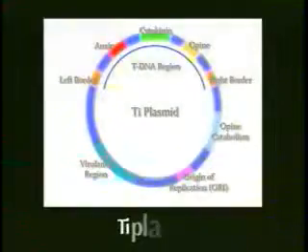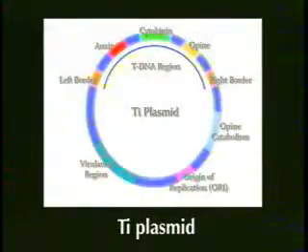Ti plasmids have major regions for virulence, origin of replication, conjugation, oncogenicity, and catabolism of opines. Genetic organization of these regions has been shown in octopine Ti plasmid DNA.